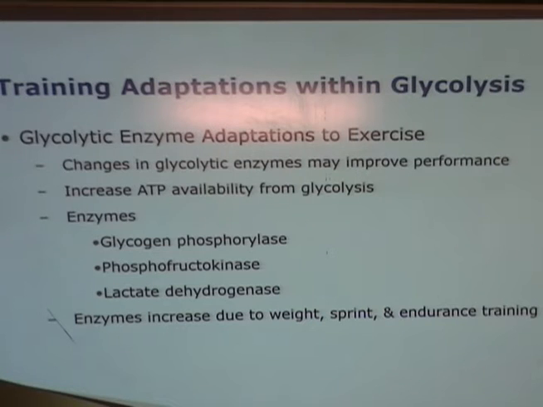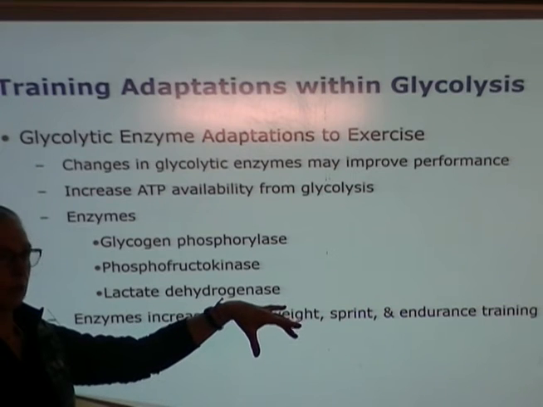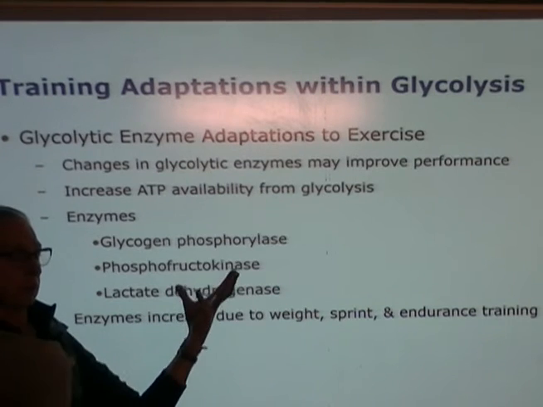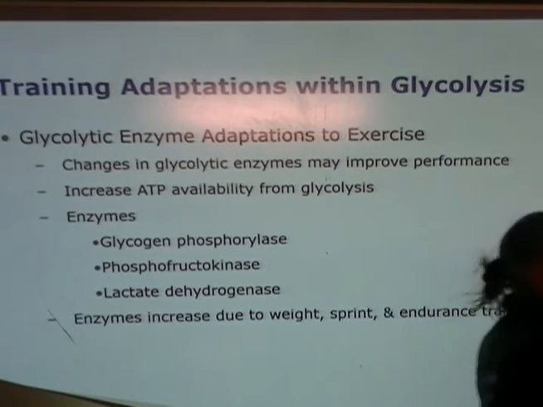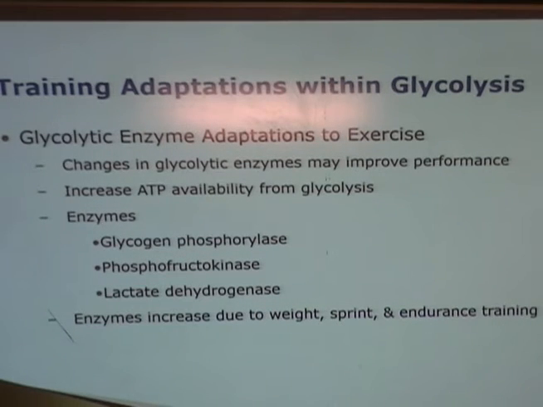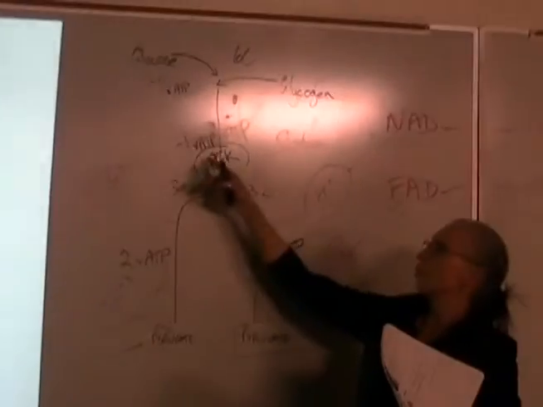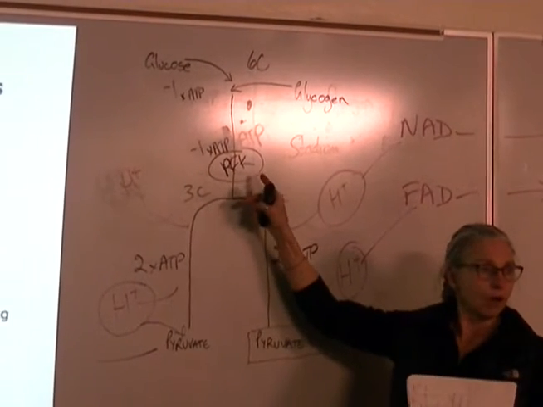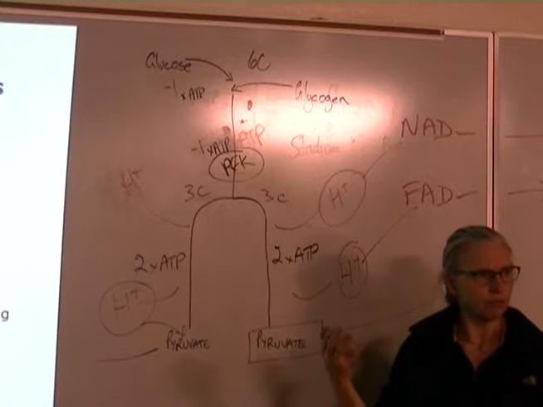So that extra muscle mass actually ends up diluting PFK, which would slow down glycolysis. That seems like an odd response to me, because I'm putting on more muscle mass, which ought to improve performance, but I'm decreasing how effective PFK can be within that additional muscle mass.